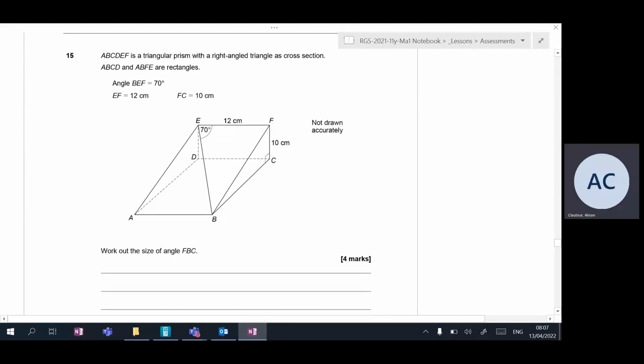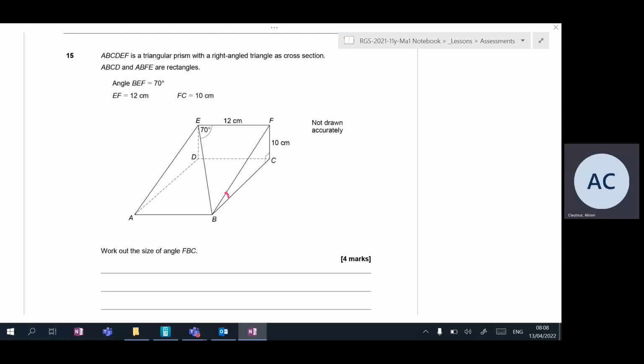Right, question 15 is a 3D trigonometry question. So it gives us this information which is on the diagram anyway. So we've got a triangular prism and we're trying to work out the angle FBC. So this angle in here. My pen has nearly given up forever. Okay. So any information we can work out about the triangle FBC would be very handy. Okay, so what can we work out?